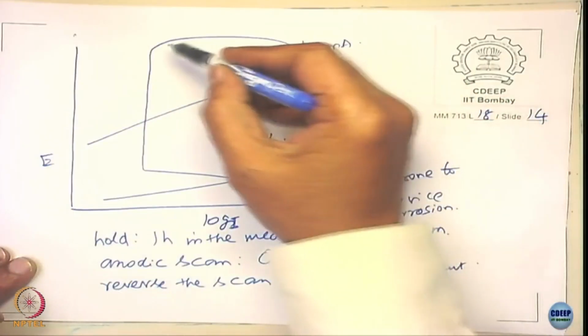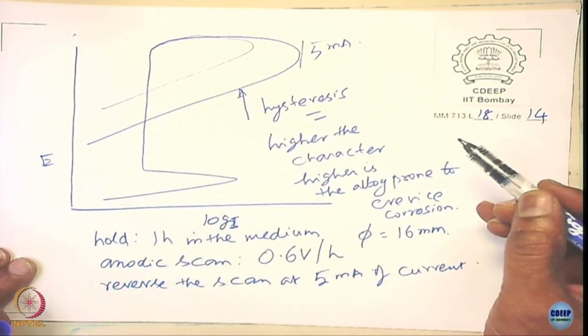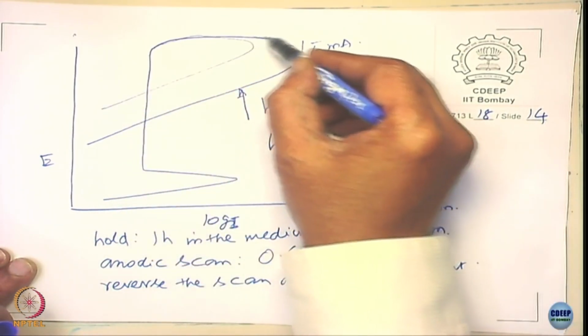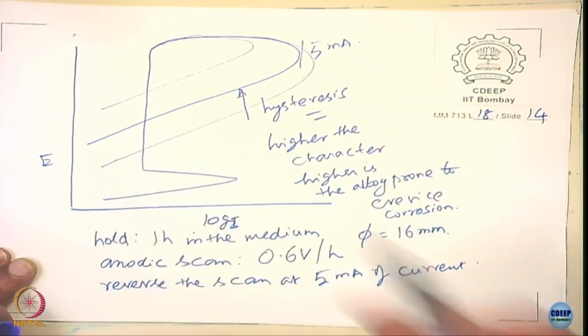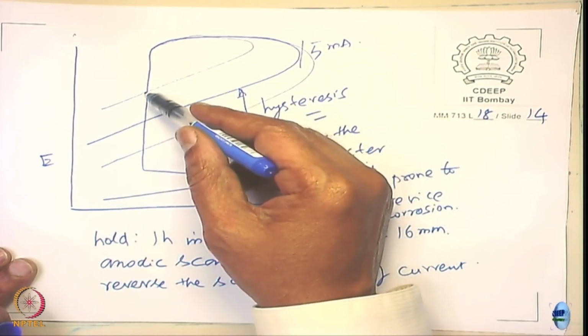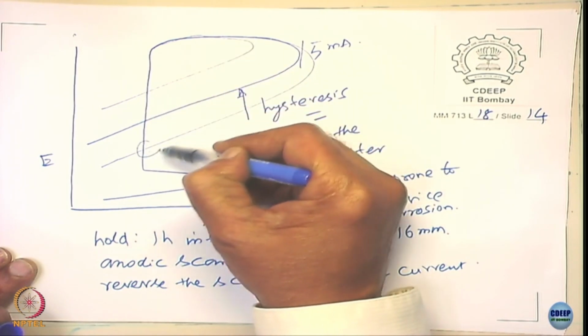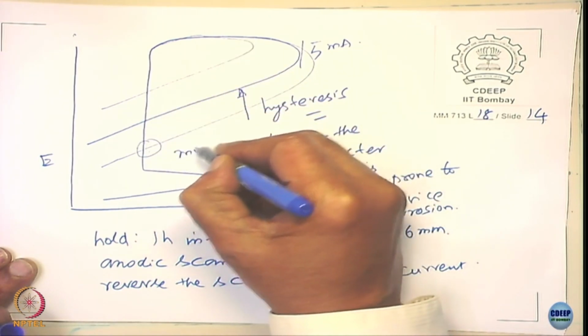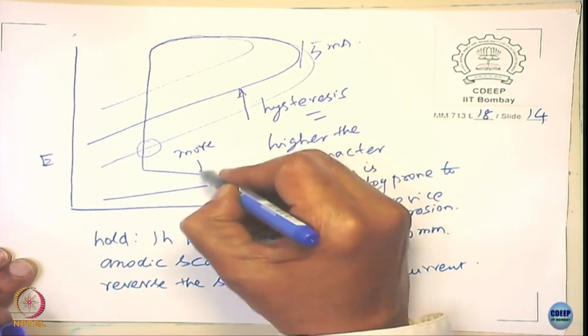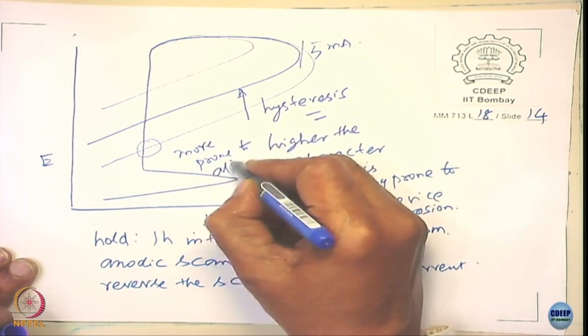See, for example, the higher the hysteresis character, you can have something like this. So this alloy is not passivating at all. Look at this, and this, and this, and this alloy is more prone to attack.